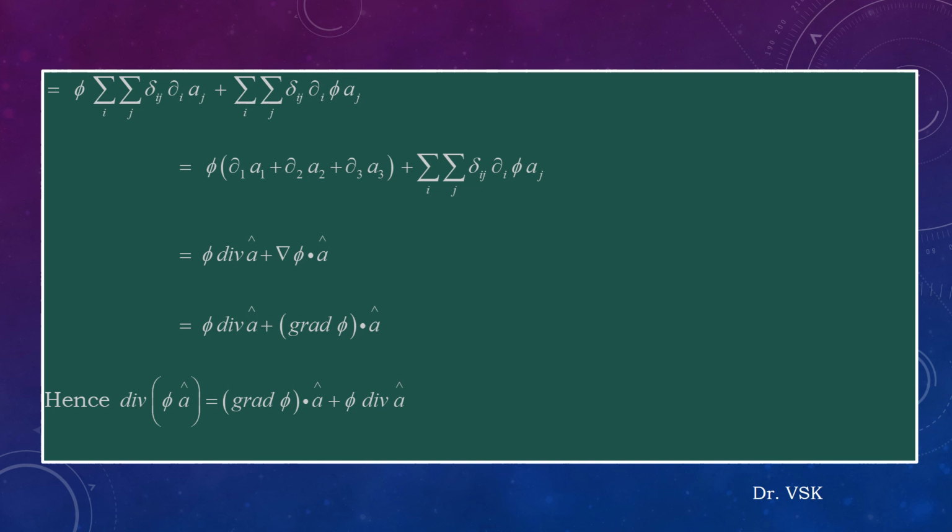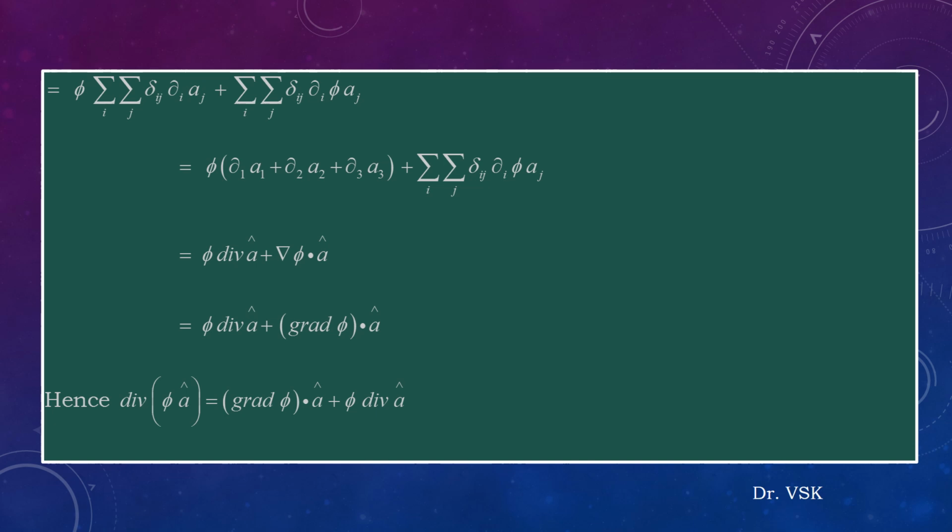Aj is the jth component of a cap. This representation sigma i, sigma j, delta ij dou i phi aj is the dot product of those two vectors del phi and the a cap.